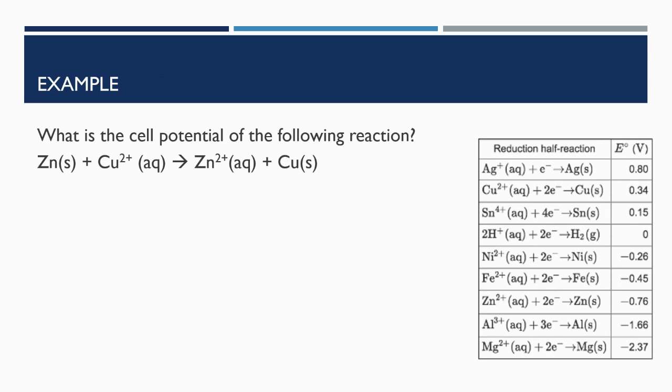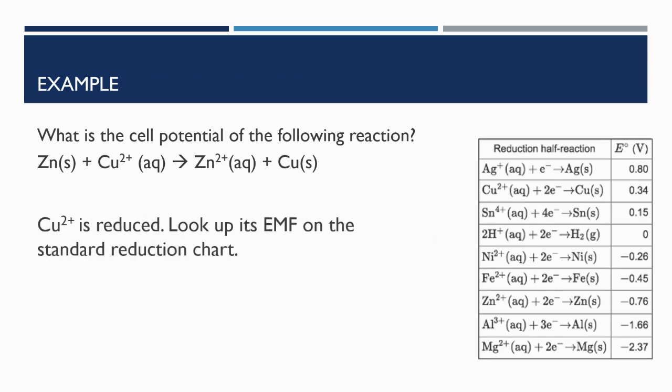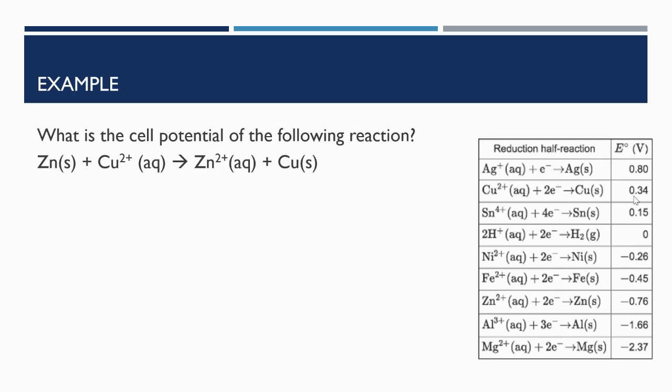This is the reaction we saw at the beginning of this presentation. So copper is reduced. Copper 2 plus is reduced. So we can just look on this table and we'll notice copper 2 plus plus 2 electrons makes copper, and it's 0.34. So 0.34 volts is the standard potential for this half reaction.